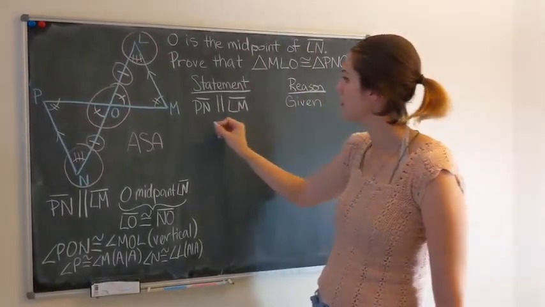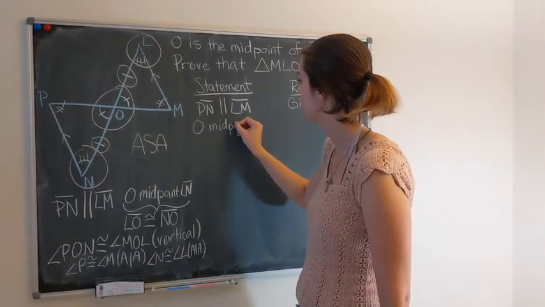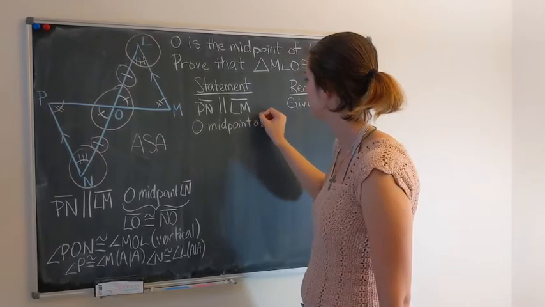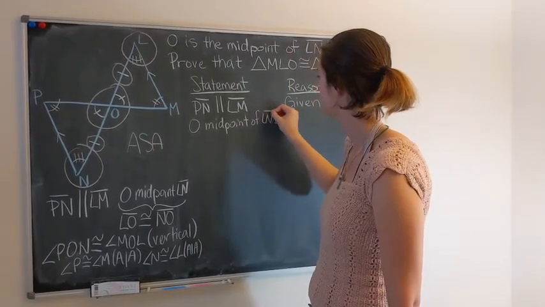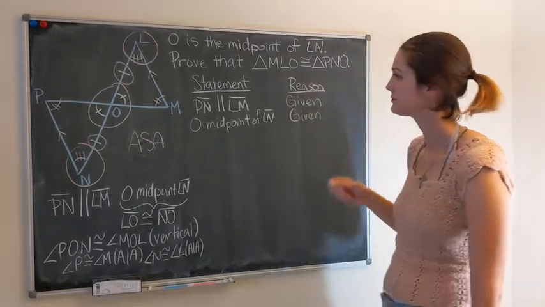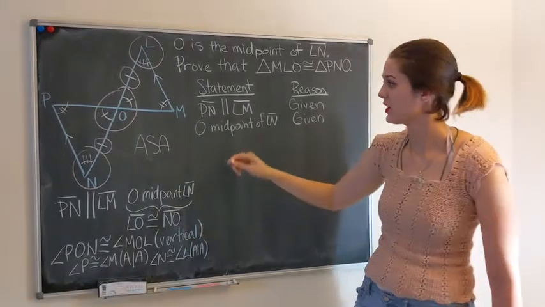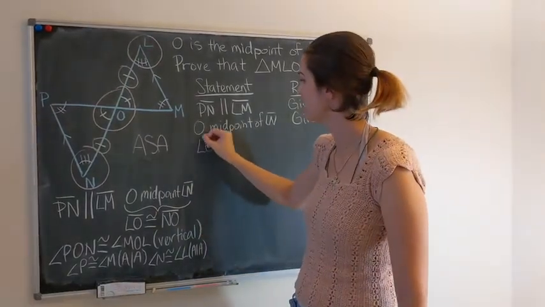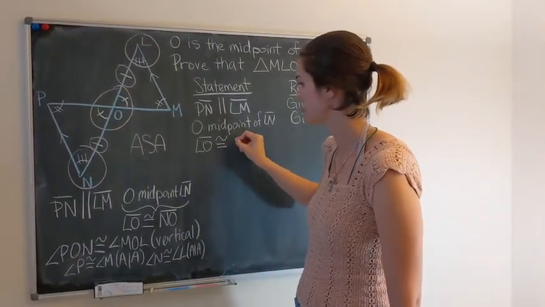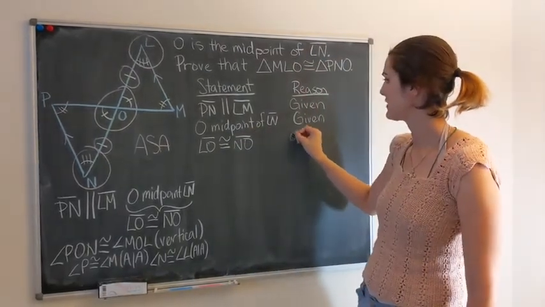And we were also given that O is the midpoint of LN, given in the problem. Now, from that midpoint statement, I got my pair of congruent sides, that LO was congruent to NO, just by the definition of a midpoint.